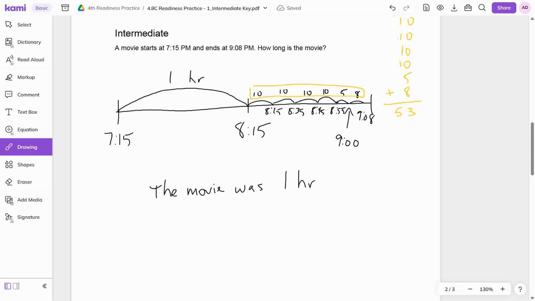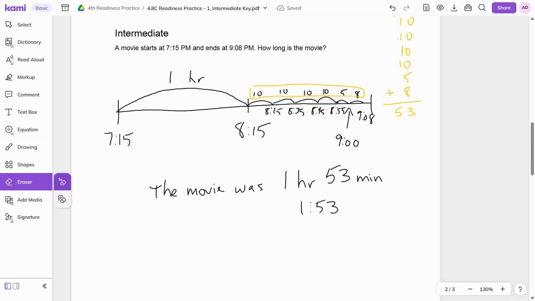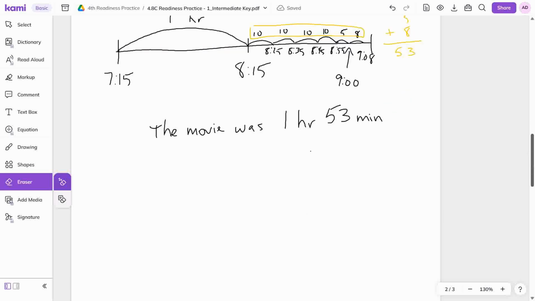Typically, you just put them together like this. 1 with an HR, and then 53 MIN. Sometimes people can kind of do it like this, but then that can be confusing as to whether you're thinking hours and minutes or actually, that time, 1:53 a.m. or p.m. And so probably we'll do the 1 hour 53 minutes in that top version.